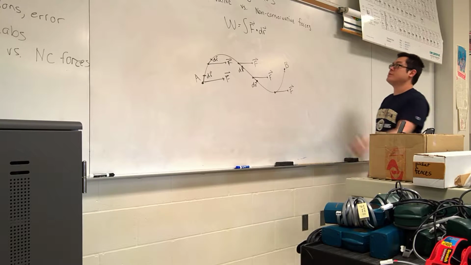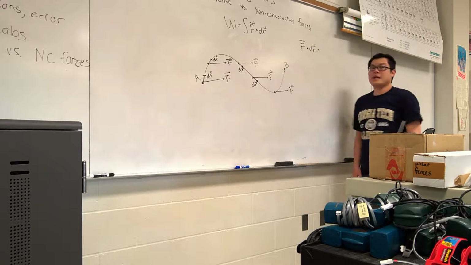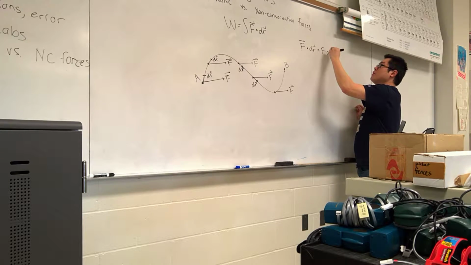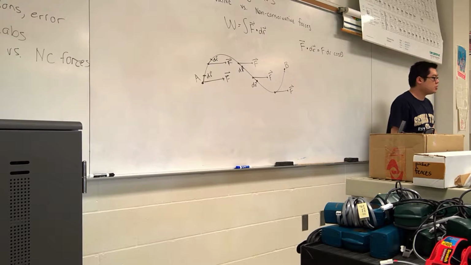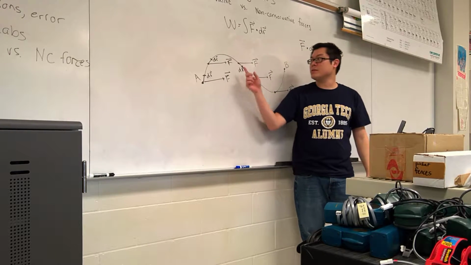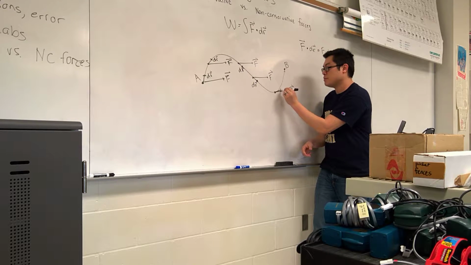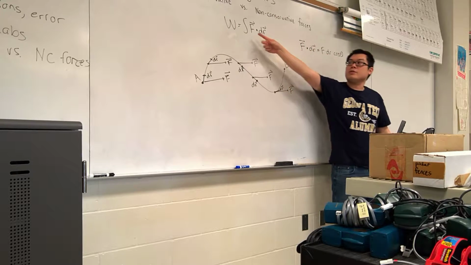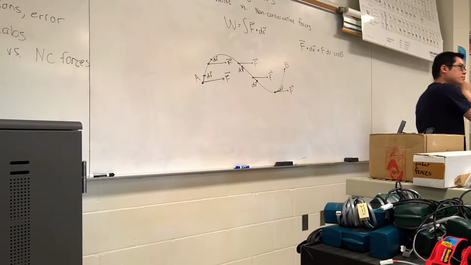And when we say F dot dr, we're saying at that particular instant, how much of my F is in the same direction as my change of position. Sometimes it's not really in line with it, sometimes it's more in line with it. In this case, it's very much in line with it, something like that. And what this integral is doing is adding up all the different components.